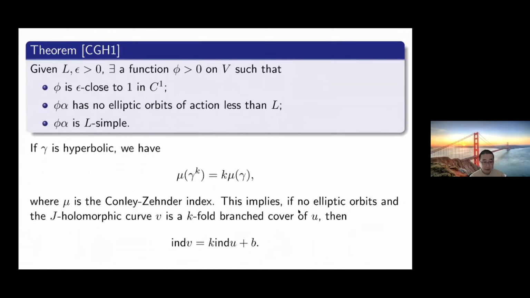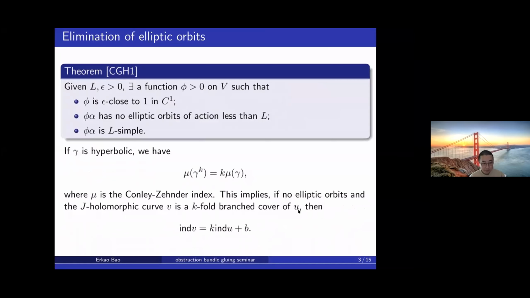This implies that if there are no elliptic orbits, and V is a J-holomorphic curve converging to hyperbolic orbits, and V is a k-fold branched cover of another holomorphic curve U, then the Fredholm index of V equals k times the Fredholm index of U plus B, where B is the number of simple branch points. We'll use this formula in a moment to show that d squared equals 0.